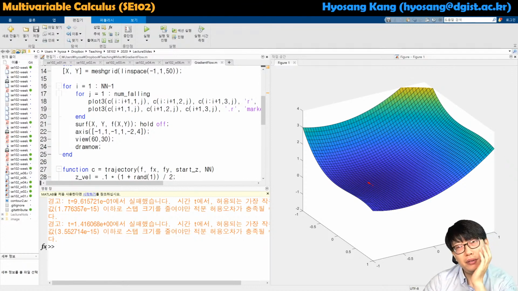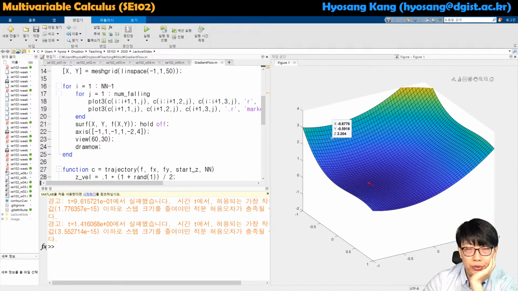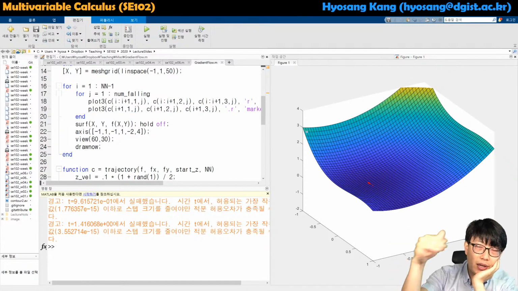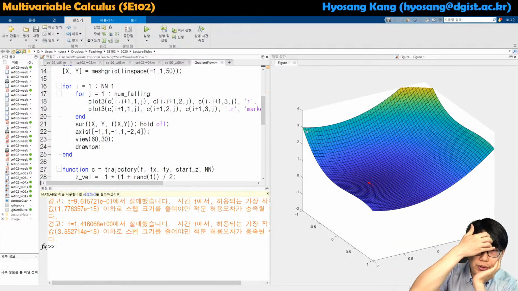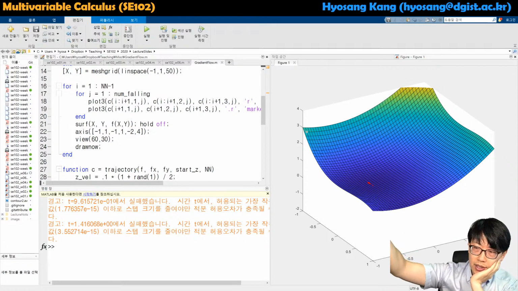So I was trying to simulate raindrops. So this is some kind of surface, and suppose that you're putting this surface outside on a rainy day. I want to simulate how the raindrops fall from the sky and then along the surface.